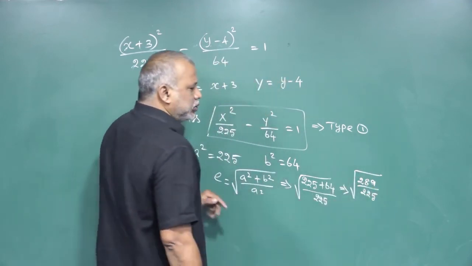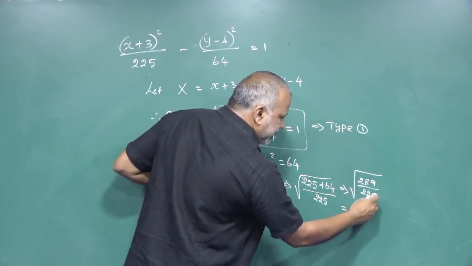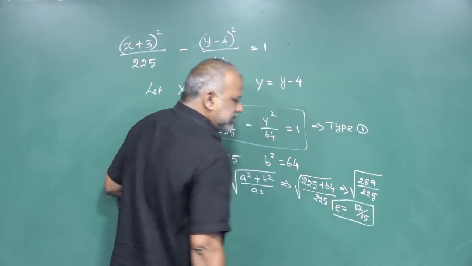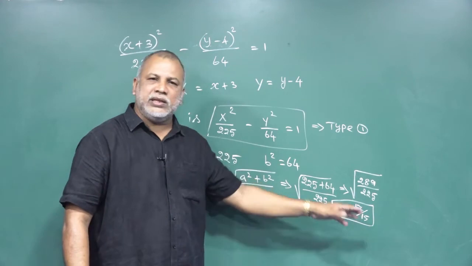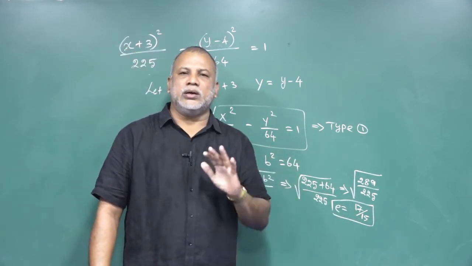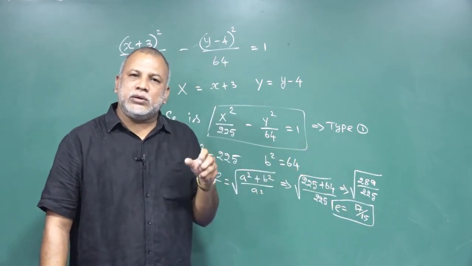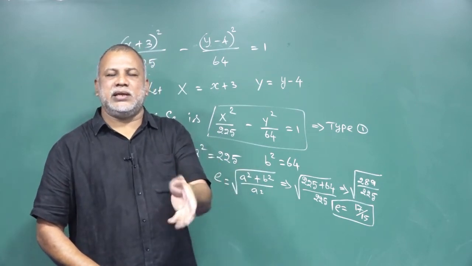When we take the square root, we get 17 divided by 15. This is the value of e. Since 17 is greater than 15, we get e greater than 1. Therefore, by the concept, a hyperbola has eccentricity greater than 1.